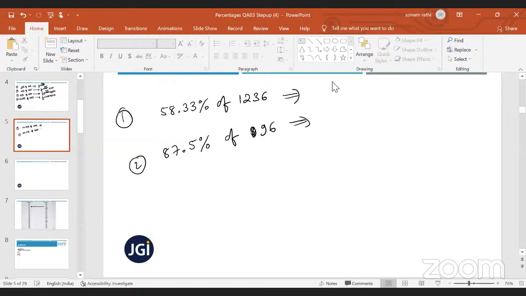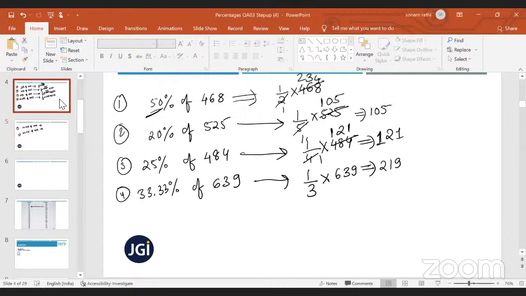Now the problem is that these numbers are not there in my list, right? Yes, correct, Akash. The answer, sorry, is 213. 639 divided by 3, 213.